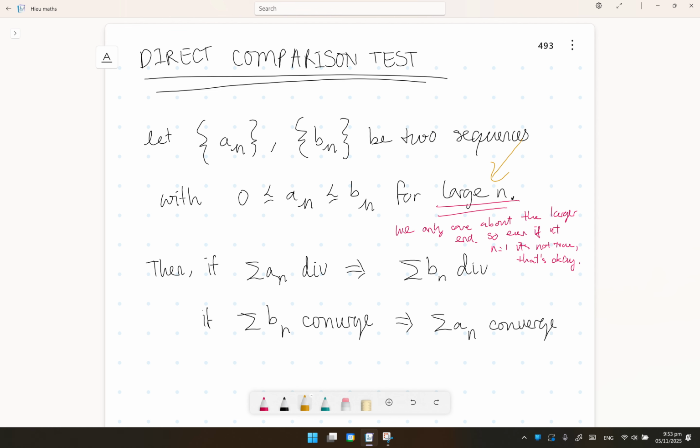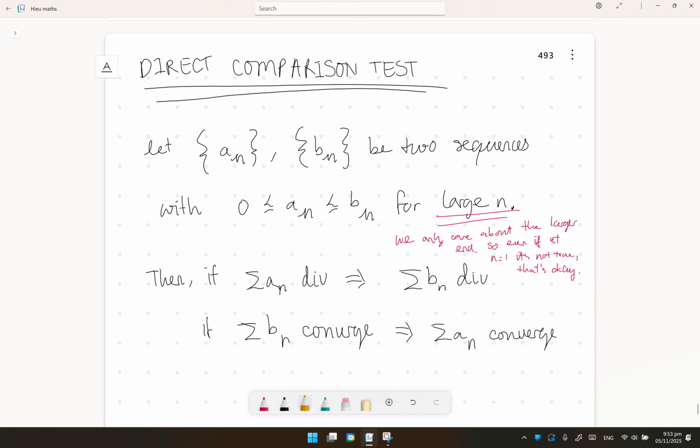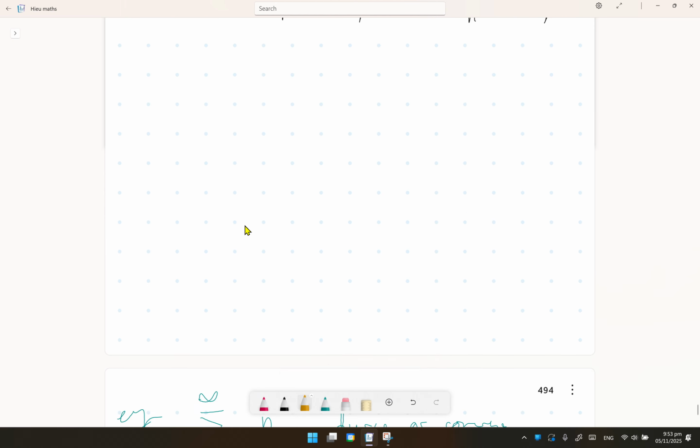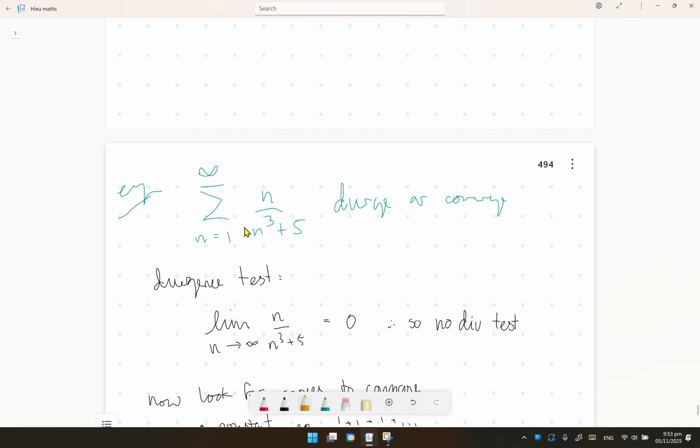So even if the condition fails for maybe the first 10 n's, as long as the later ones are true, then it's fine. It's not the same as the improper integrals one, which requires it to be true for all n's. This one is just for really large n's. So let's look at a few examples, and we'll walk through the thought process so we know how to do them on the test.